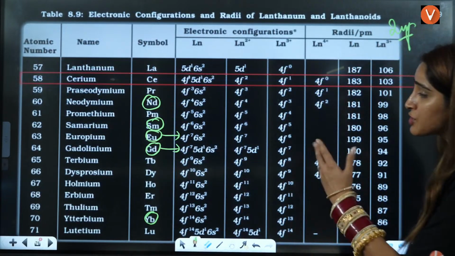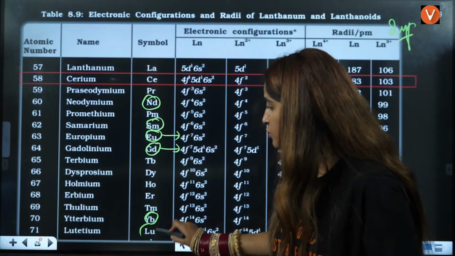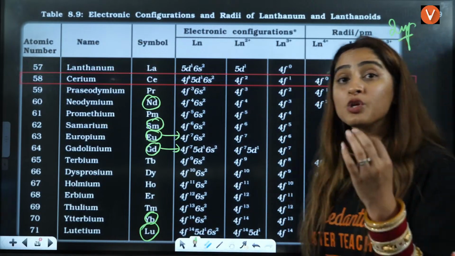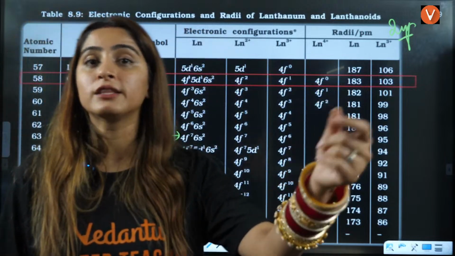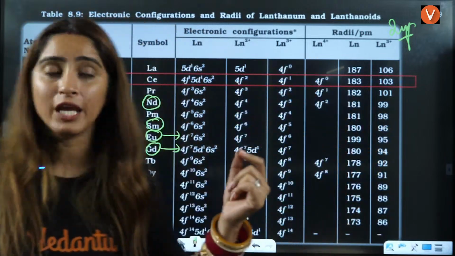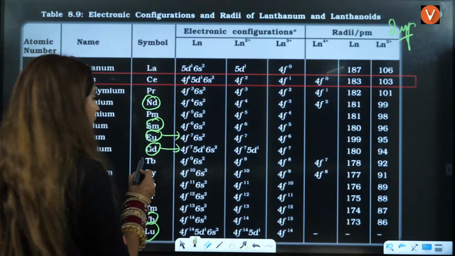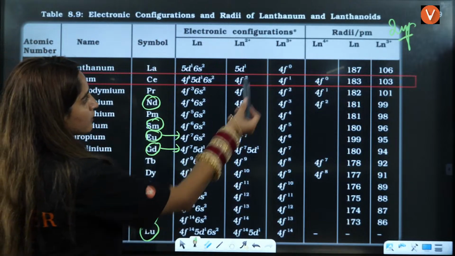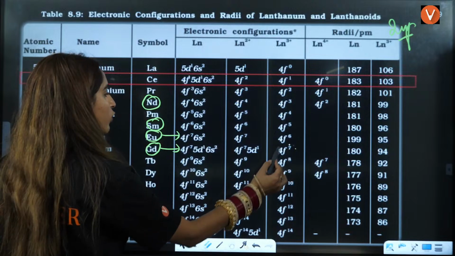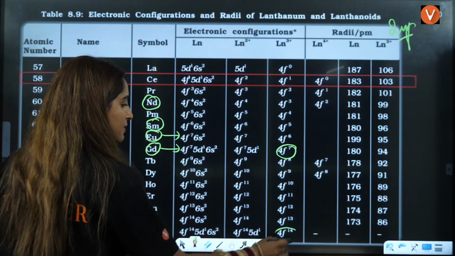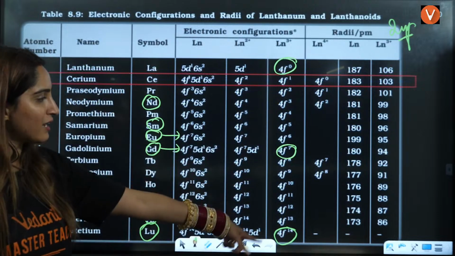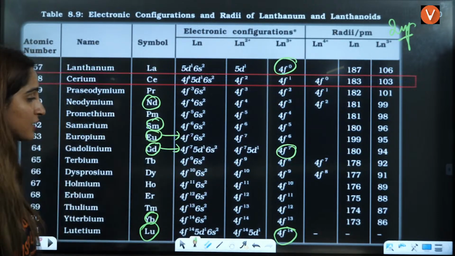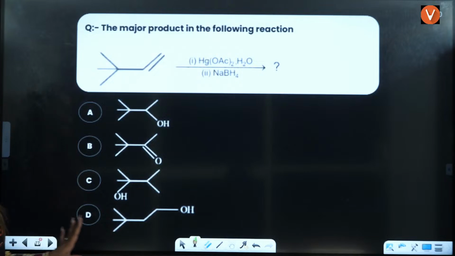Lutetium was also very important, right? They have asked questions based on the electronic configuration of lanthanoids, which is a very, very important thing. In the +3 oxidation state, gadolinium is stable and lutetium is stable. Lanthanum is stable because of the empty and half-filled electronic configuration. That question is also very important.